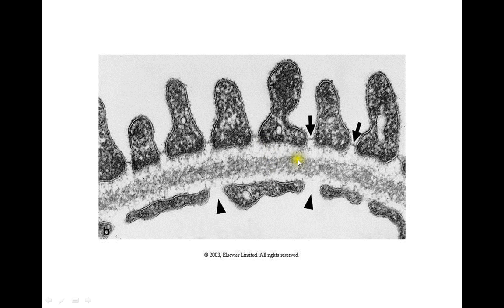As I told you, the GBM is continuous without any pores, and the pores between foot processes are also covered with a slit diaphragm. Because of these two features, the continuity of the GBM and the presence of slit diaphragms, large molecules cannot pass through these two barriers, and this is called size selectivity.